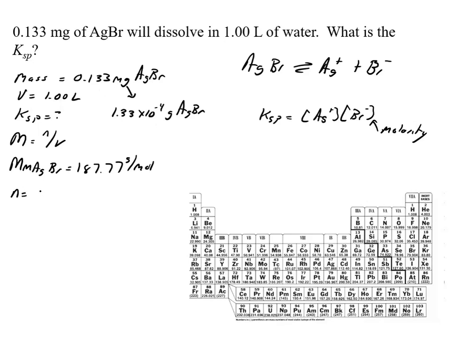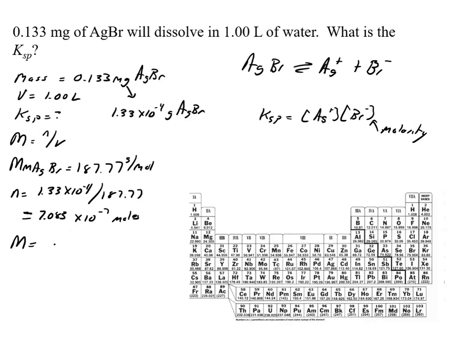So n is going to be the 1.33 times 10 to the negative 4th divided by the 187.77 to give me 7.083 times 10 to the minus 7th moles.